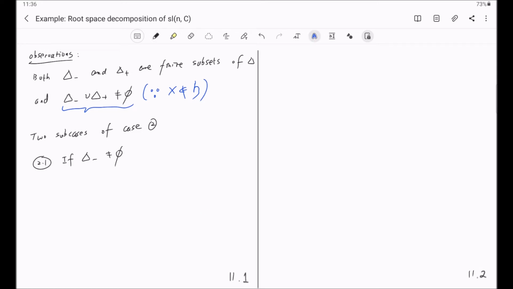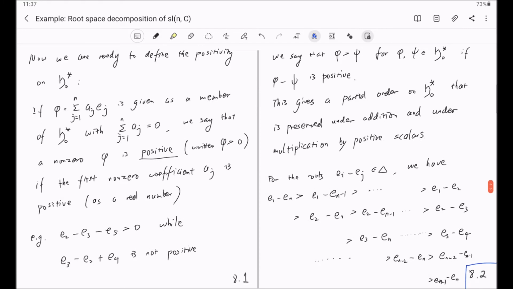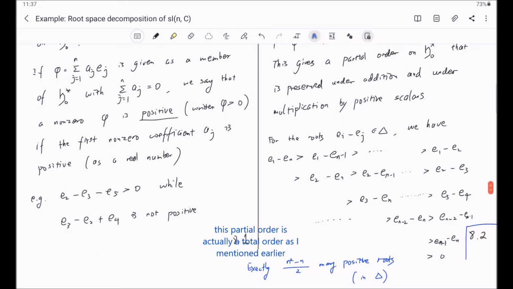And now let me recall one thing. Recall that there's a partial order on the space of linear functionals on H0 star, which gives a total order on the set of roots delta.